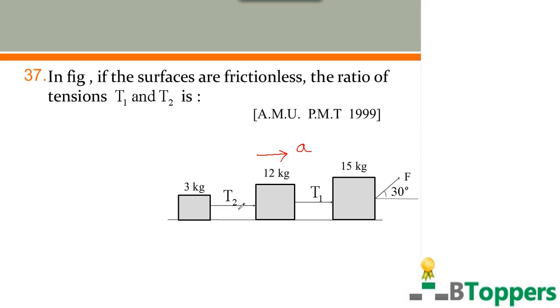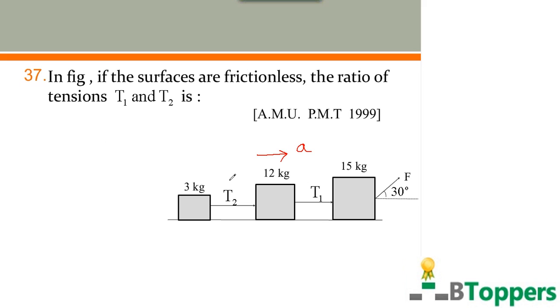The internal force does not enter into the equation for Newton's second law. So if you consider the two masses 3 kg and 12 kg and the string between them as one system, then the external force on the system in the horizontal direction is T1. So the unbalanced force on this system is equal to T1.